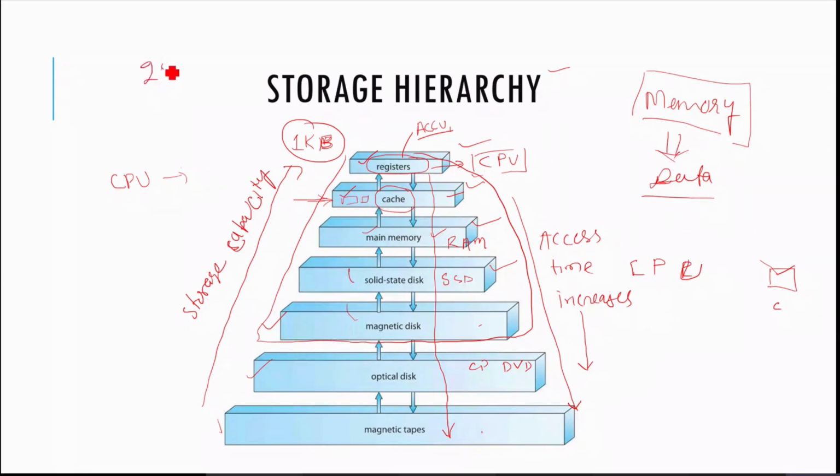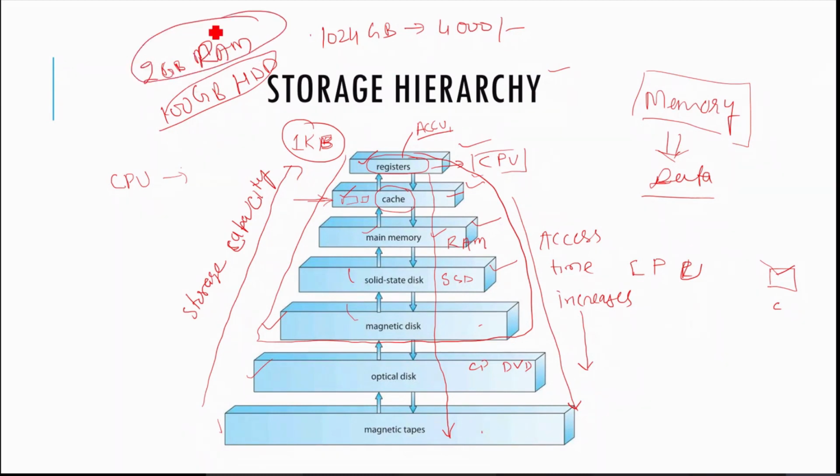If you want to purchase 2 GB of RAM, and a 1 TB hard disk, which contains 1024 GB, you can purchase the hard disk for around 4,000 rupees only, while the 2 GB of RAM will roughly cost around 1800 or so.